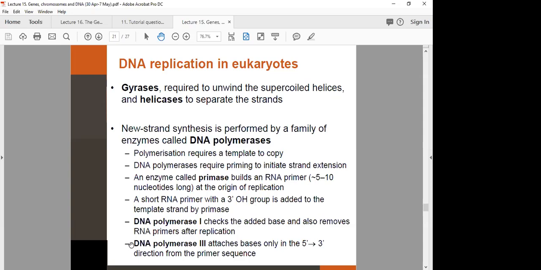This particular polymerase enzyme, DNA polymerase 3, is the one that incorporates the new nucleotides in the synthesis of the new strand of DNA, and it does so only in the 5' to 3' direction on the strand of DNA that is being synthesized.